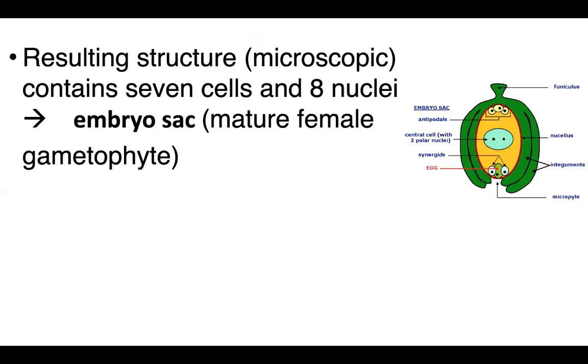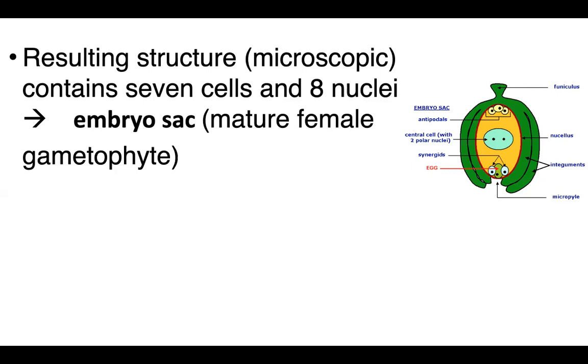Now, the resulting structure contains 7 cells and 8 nuclei. This is called the embryo sac, and this is the mature female gametophyte. Keep in mind, we're still inside the flower.